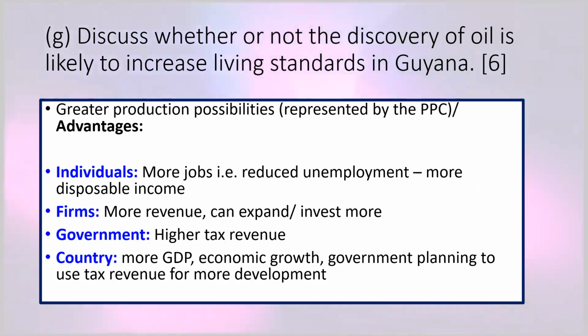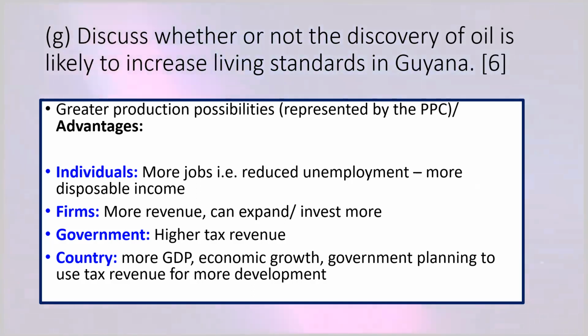Now, as I said just now, with discovery of oil, you might see your PPC shifting outwards, okay, which is greater production possibilities. Now, I like to do this. Remember, we did this in class just before you all started your exams.